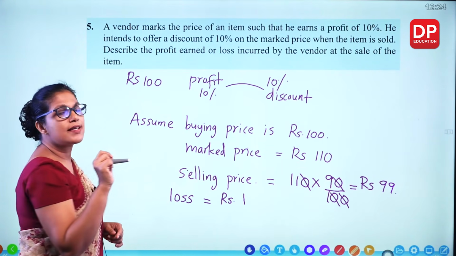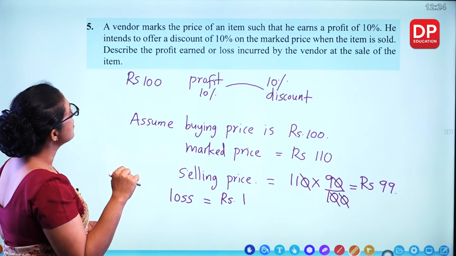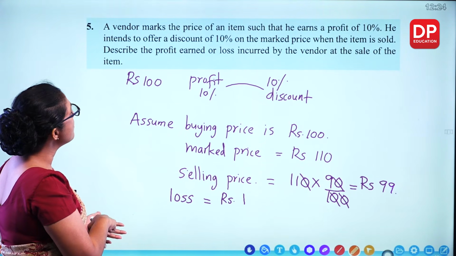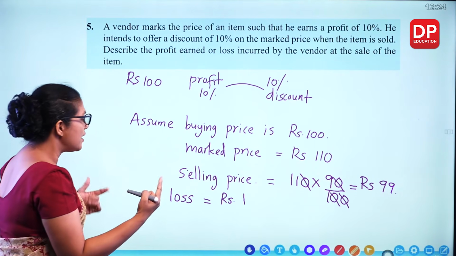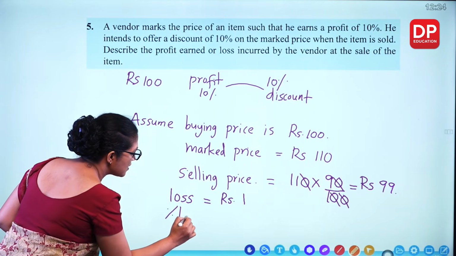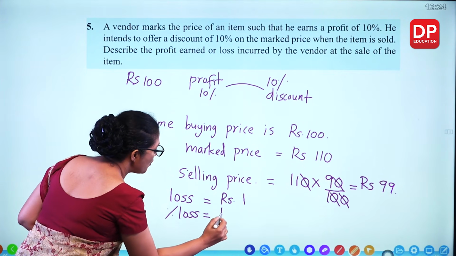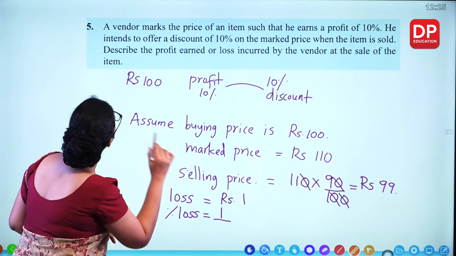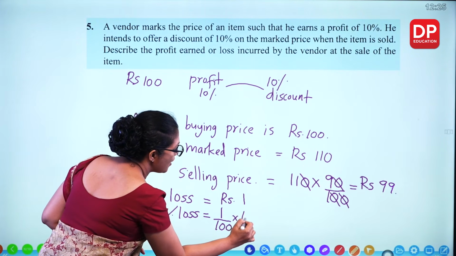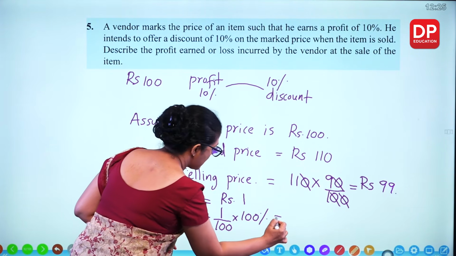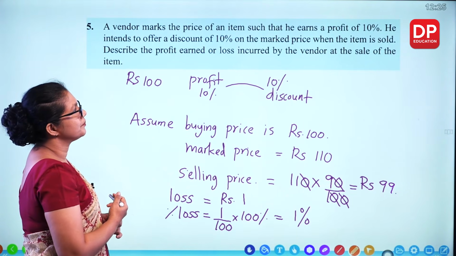They are not asking about a percentage, but we can write it down. If this is 100, this is 1 rupee. So we'll calculate the percentage loss because we don't know the buying price. So 1 rupee out of 100 into 100%, that's 1% loss.